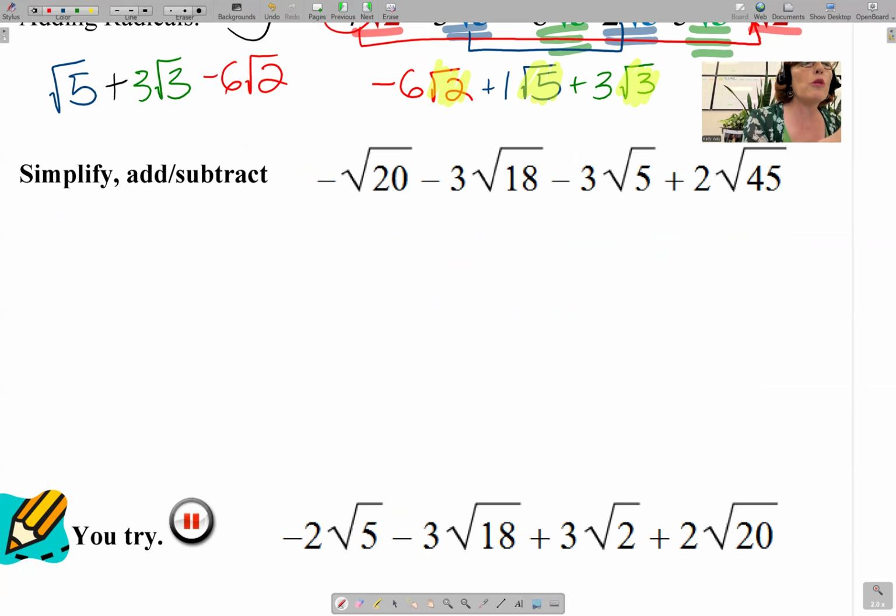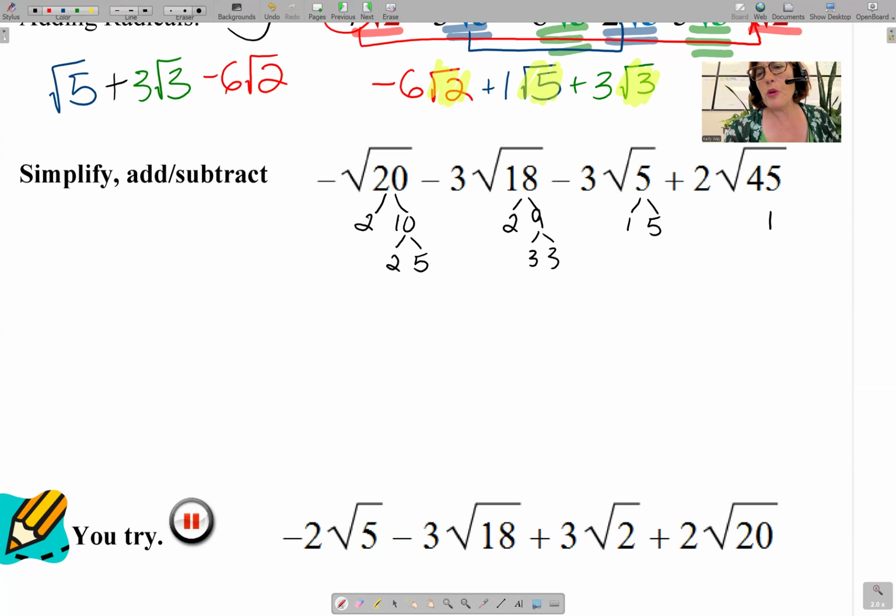So we're going to start by simplifying our numbers, if possible. This one I'm going to do upside down division just so you can see both.